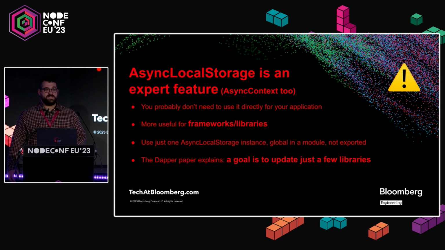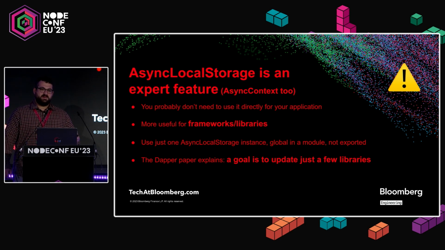And the Dapper paper explains this. The strong claim that's made in that paper is that it's possible to do distributed tracing while changing just a few libraries. In particular, we need to change sort of the RPC libraries, both for exposing yourself as a service that responds to requests, and for making RPCs out to callees, because those are the points that are most important.